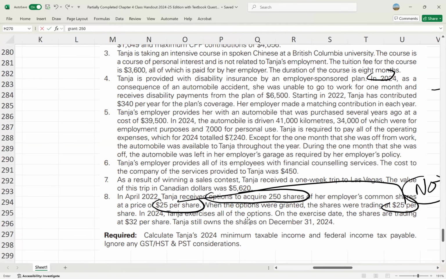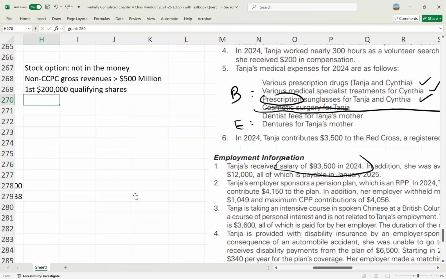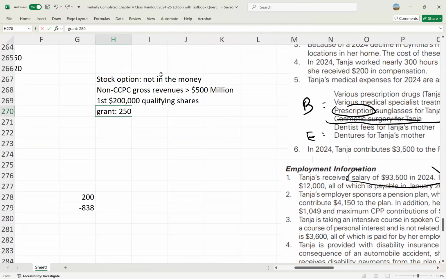Fair market value was 25. So we look at the fair market value on the grant date of these 250 shares, and we get a total value of 250 times 25, only 6,250.